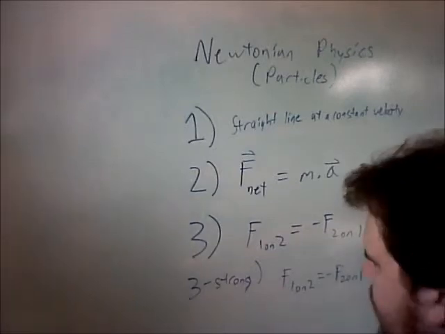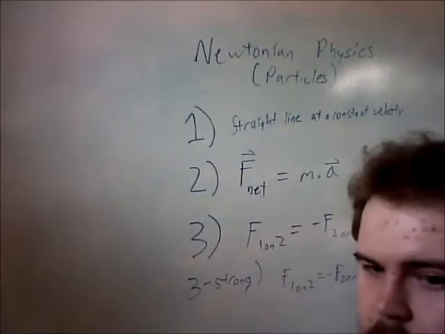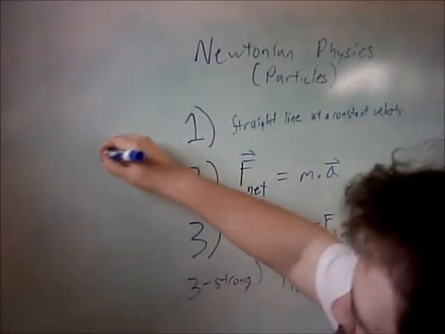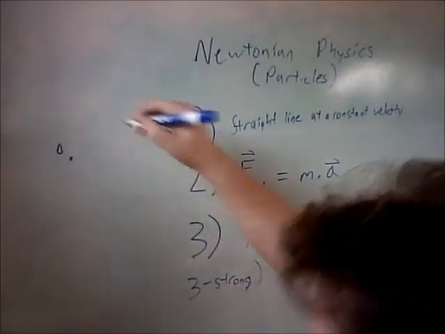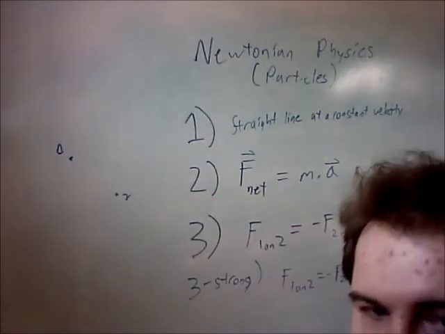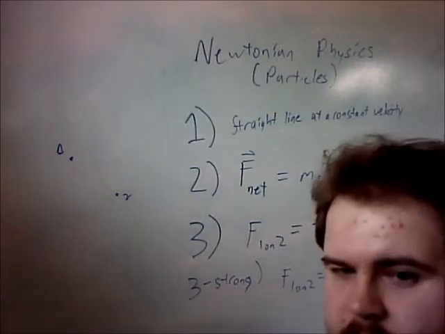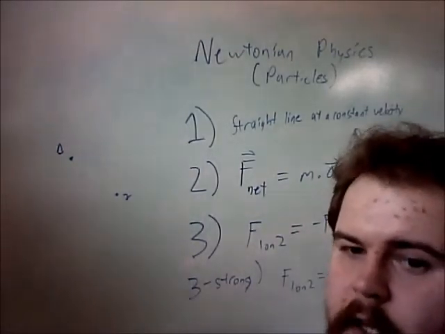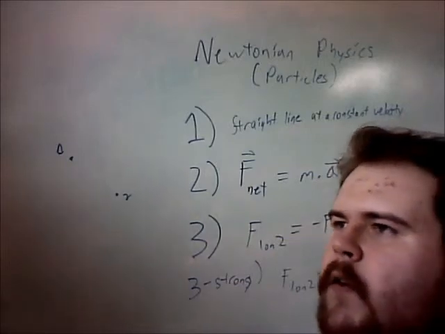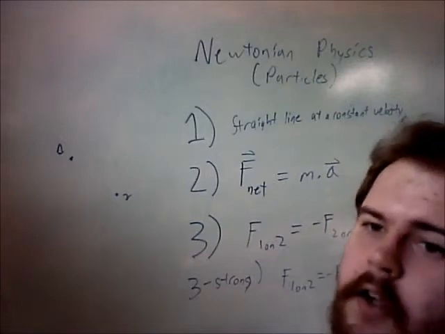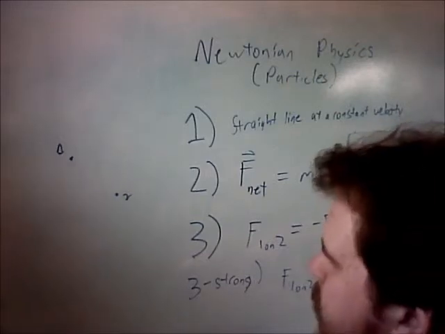It agrees with that, but it also says if you have a particle number 1 here, and particle number 2 here, Newton's third law in the strong form not only tells you the relative direction and magnitude of the forces, it also tells you what their overall direction must be.